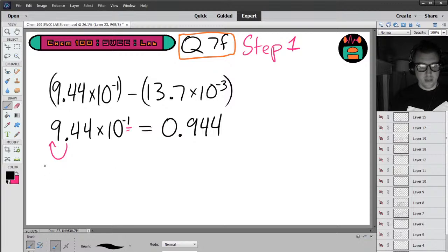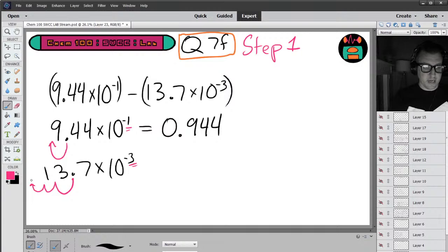Let's look at 13.7 times 10 to the negative 3. That negative 3 means we need to roll this decimal place over 1, 2, 3 spaces. So we're going to have to add a 0 right there. This is equal to 0.0137.